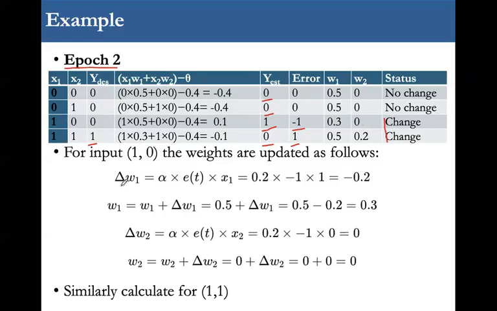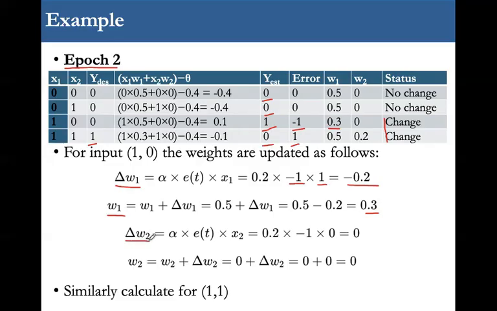So we need to update weights W1 as well as W2. How to update? In a similar way, I will do delta of W1 for input 1, 0. You can practice the next one. Now delta W1 is equal to 0.2 times minus 1 times 1, equal to minus 0.2. Then we substitute and we find W1 as 0.3, which is written here.